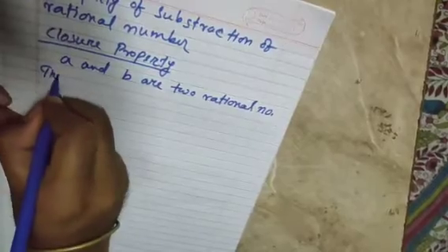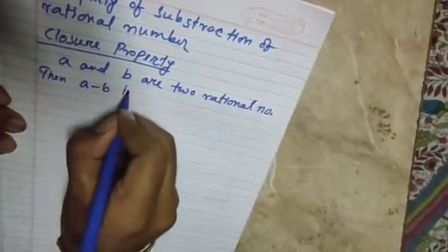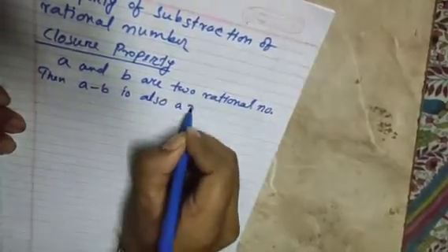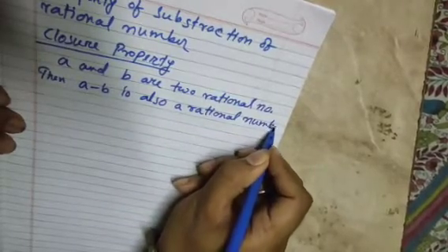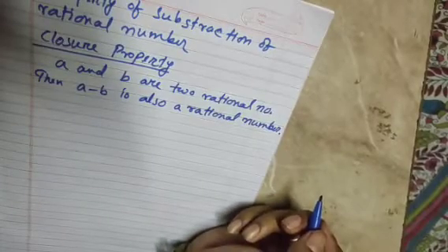Then a minus b is also a rational number.